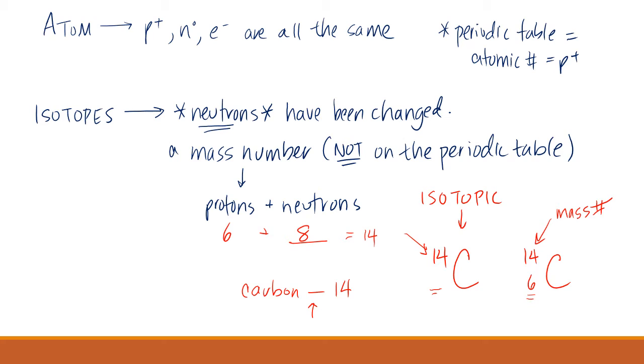Now what we're going to do is add one more detail to this, and talk for just a little bit about ions. We haven't done any ion calculations yet, so this will be new, and we'll put this on a different slide for you. So up here at the top, I'm going to write it again, that an atom has the same number of protons, neutrons, and electrons.